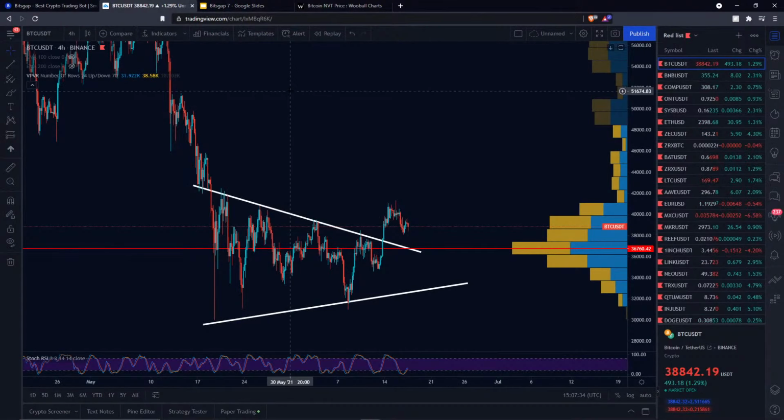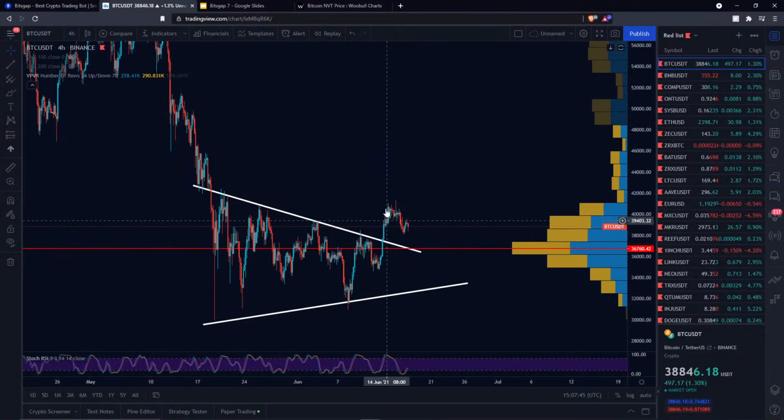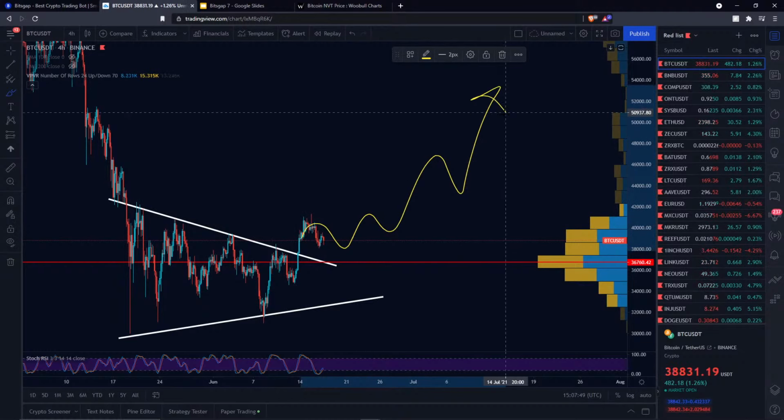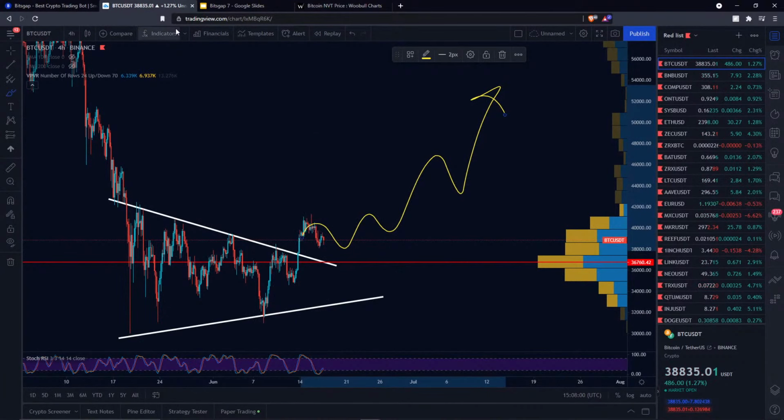So for me, the aim here is, as I trade poly to Bitcoin, my bot makes me money in Bitcoins, right? And at the same time, I expect the price of Bitcoin to appreciate. So that means that the value of the profit that I made in this particular trade, which is right now $66, can also appreciate by the fact that the price of Bitcoin relative to USD also appreciates.